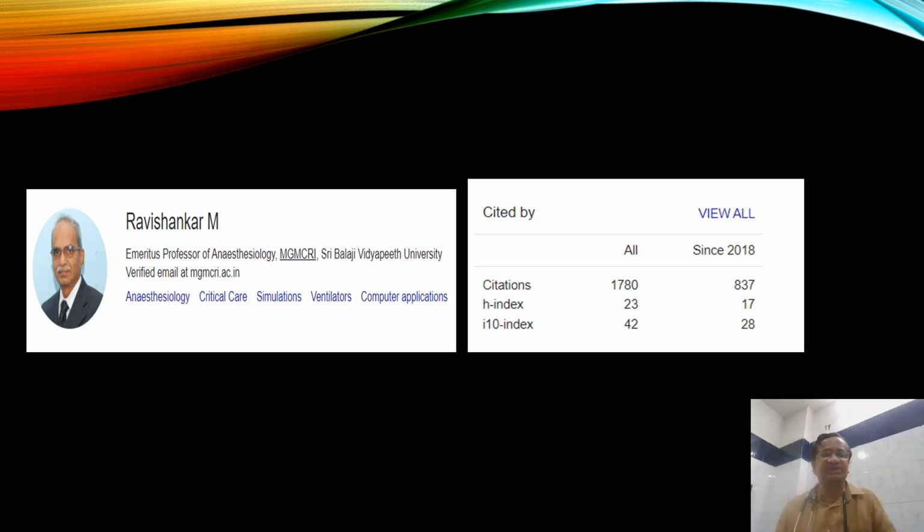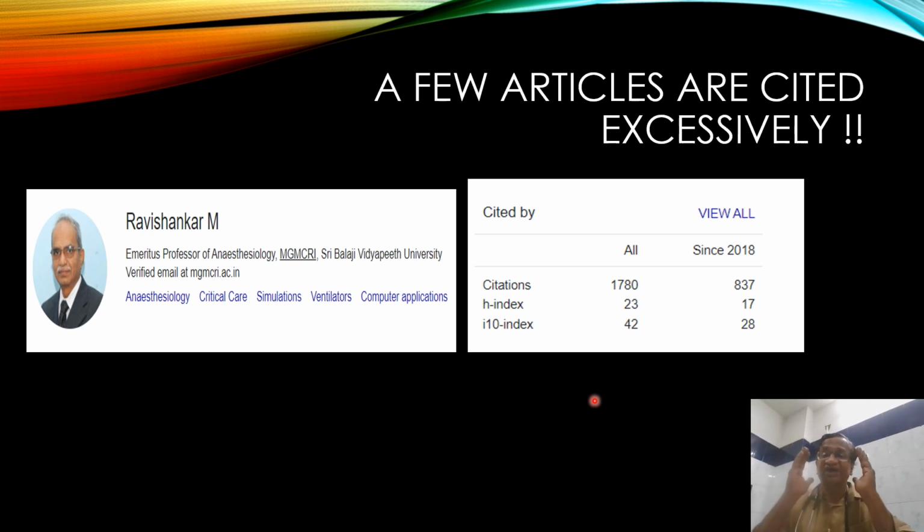Now we go to the other person, our chief. He has got a citation count of 1780, but H index is slightly on the lower side. That means 23 articles are cited 23 times. It's slightly less when compared to this. The citations are not widespread. That means a few articles are cited excessively.